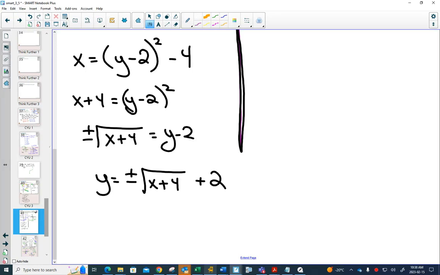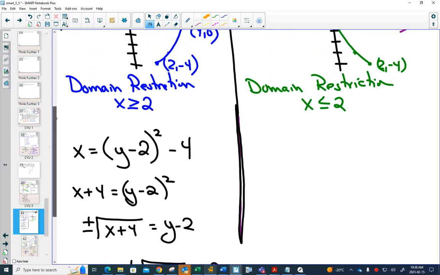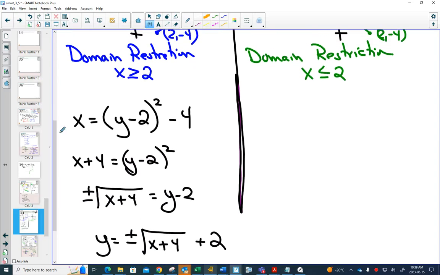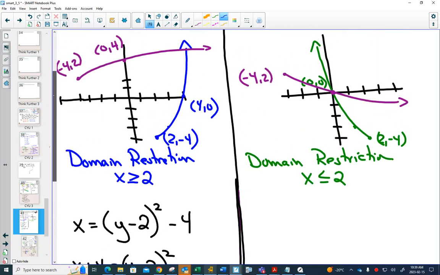Okay? Now, we have to figure out which equation goes with which. So I've done the work on this side, but I did it in black because it's actually worked for both of them. If I want to find the equation for this side, can you see that the purple is a positive? There's been no vertical reflection for that square root graph. So the blue one's equation is going to be the positive square root of x plus 4, plus 2.